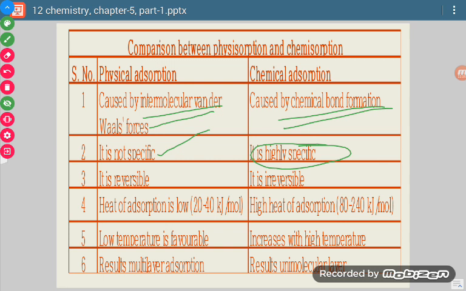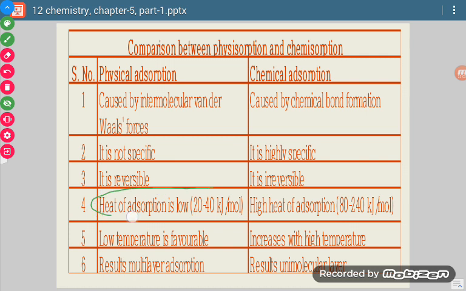So it is highly specific. Not every gas and every substance can make a chemical bond. It is reversible, means we can easily do desorption in case of physical adsorption, but desorption is difficult in case of chemical adsorption, because a chemical bond once formed is very tight and it needs more energy for its breakage.